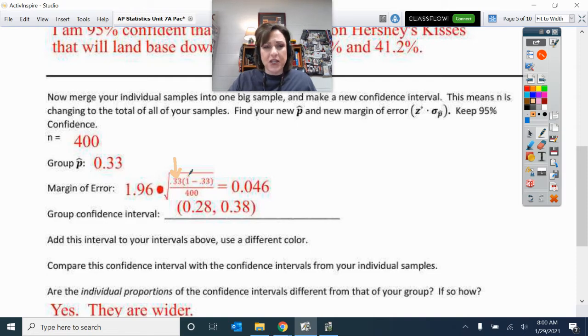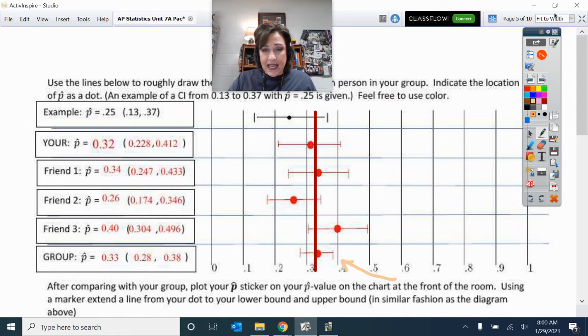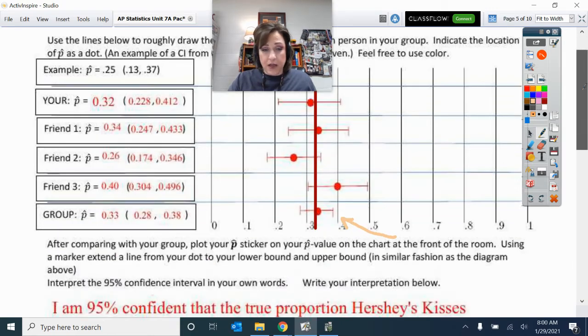Not a ton, especially compared to how much that sample size change of 4 times as much affects it. So in essence, all of these ones up here are very much more similar in size than this one down here at the bottom that had a sample size of 400.